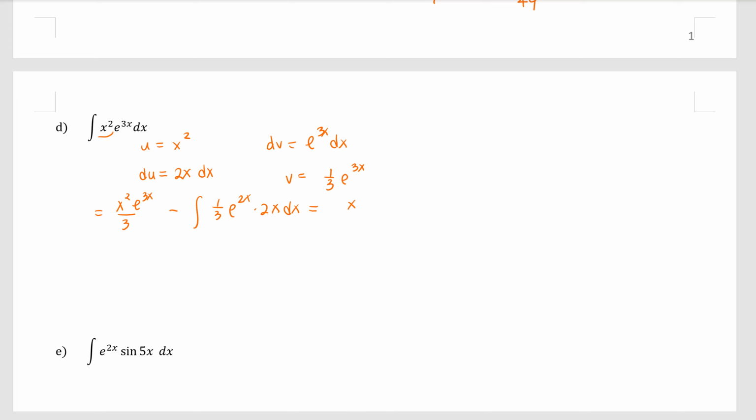Okay, let's see, what is this? We can factor out 2 over 3, and then we have x e to the 3x dx.